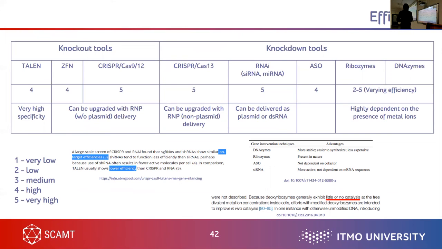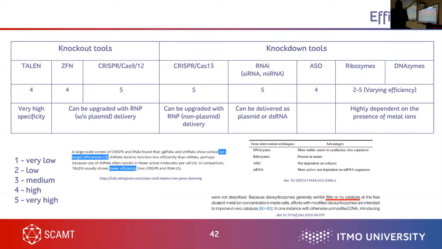So if we talk about zinc finger or TALEN, TALEN has lower efficiency than the CRISPR-Cas system, but there is no certain information on which is better, TALEN or ZFN. There is no information comparing their efficiency.